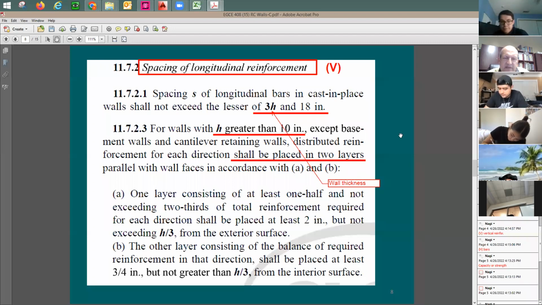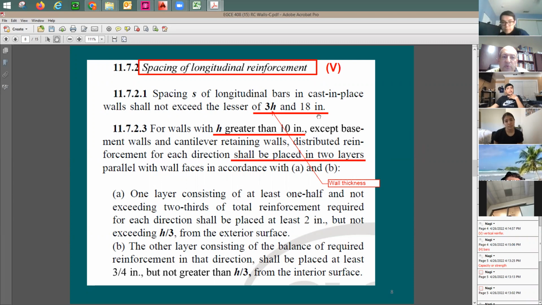We're talking about maybe 8 inches, 10 inches, 12 inches. Like in the project I showed you, I made it 8 inch because it was one story and not very heavy. 8 inch was okay. So if I have an 8-inch wall, the maximum spacing is going to be either 24 inches, 3 times 8, or 18 inches, the lesser of the two, the smaller of the two values. So usually it's going to be 18 inch.